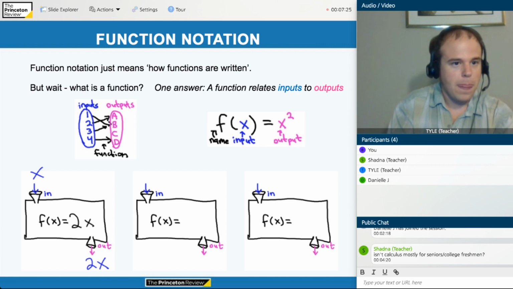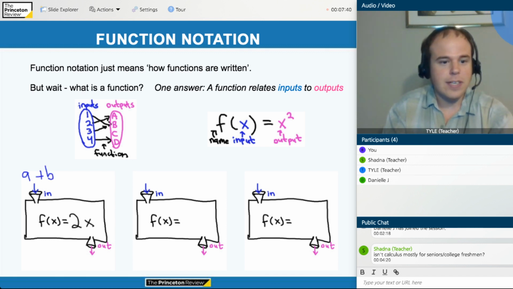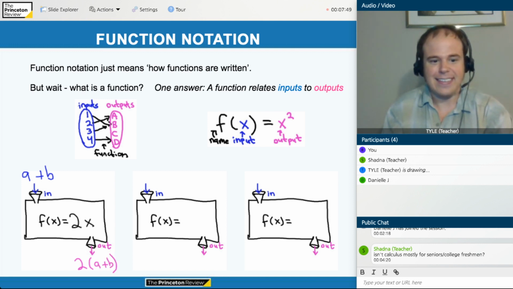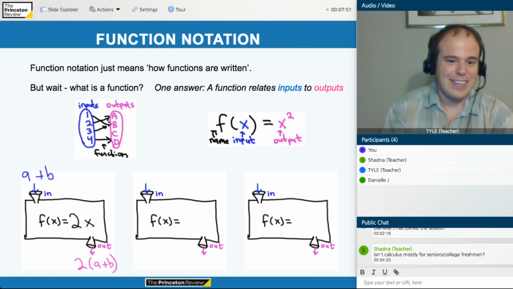Finally, I'll do just one more of these before moving on to another function. Let's say that we started with a plus b. Our function tells us we double whatever we put in. And so our output is 2a plus b. So far, so good.